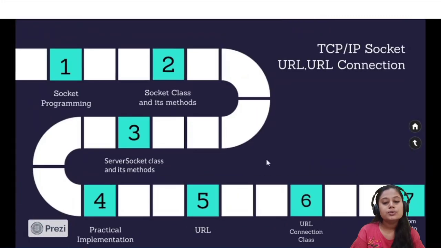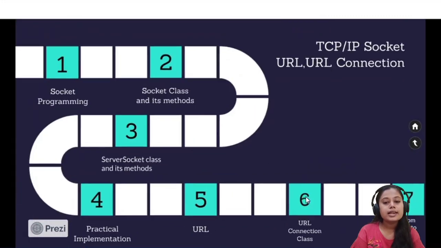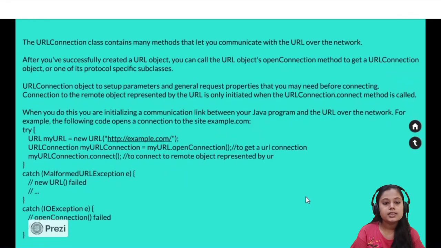Now we move to the next part, that is the URLConnection class. The URLConnection class contains many methods that let you communicate with the URL over the network. After we have successfully created a URL object, we can call the URL object's openConnection method to get a URLConnection object or one of its protocol specific subclasses.